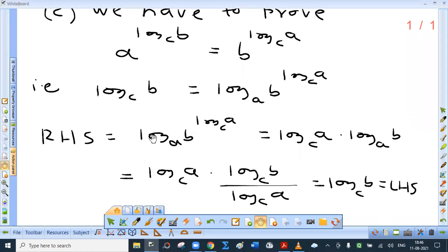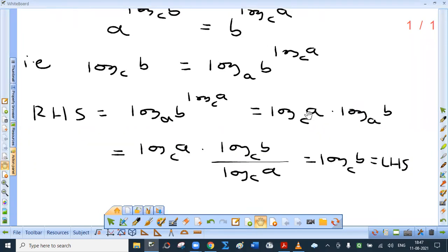Begin with RHS. Now, log of m raised to n is what? n log m. I repeat, log of m raised to n is n log m. Next step is simple. We keep this as it is. Now for this log b to the base a, change the base to c. See the cursor. At present base is a.